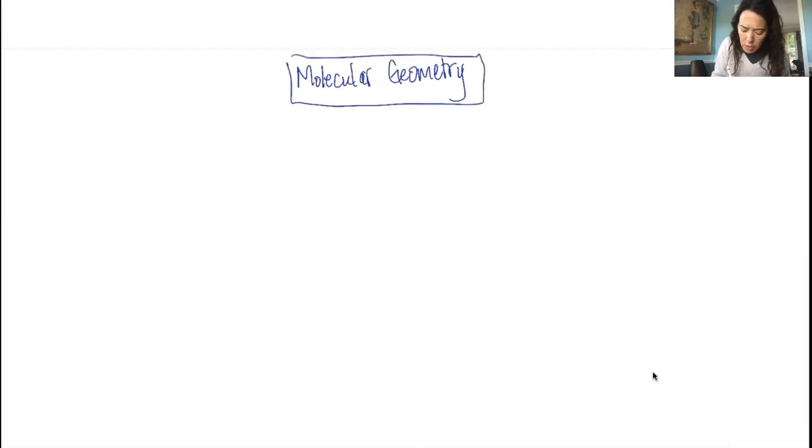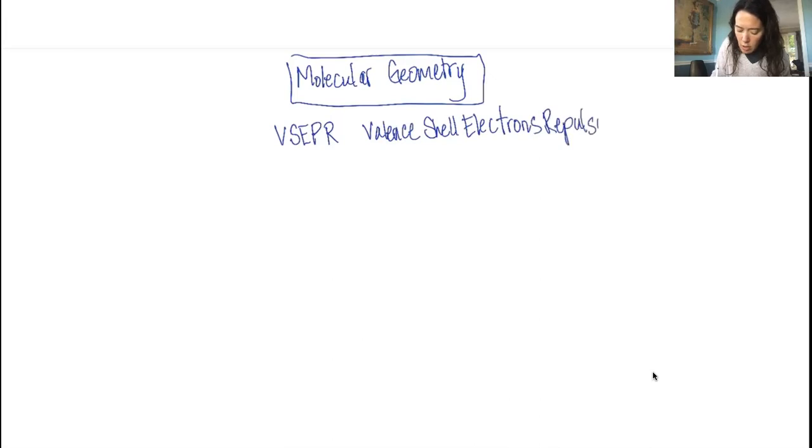There is a theory called the VSEPR theory. You need to write this down. It's called the valence shell electron pair repulsion. The electrons on the outer shell are going to repel each other. That is the theory, such that the shape of a molecule minimizes those repulsions.